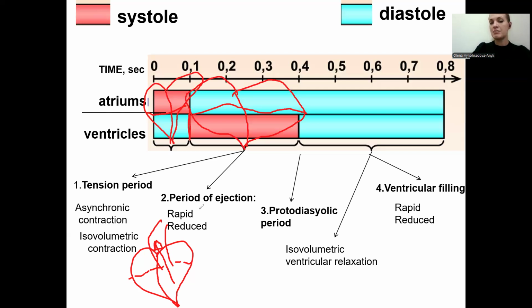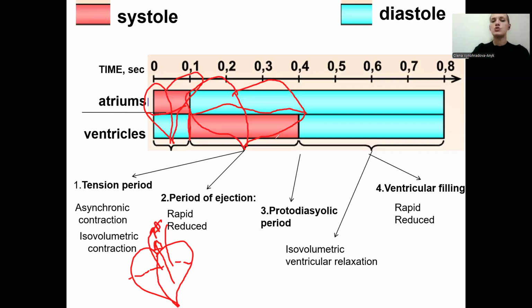First it's a rapid phase, it's easy because the aorta is empty and the pressure there is low. So the first phase is rapid. The second phase will be reduced because the pressure will be up and it's not so easy already to push other blood.